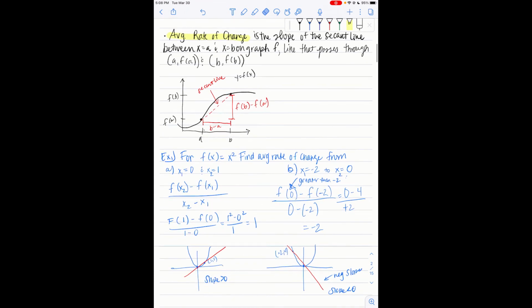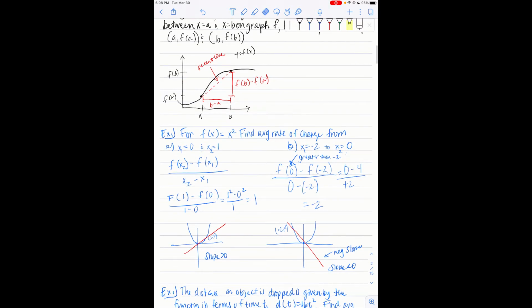So the average rate of change is the slope of the secant line between x equals a and x equals b on the graph of f, which is the line that passes through those 2 points. Here in this graph, this is a picture of what's going on when you're doing the average rate of change.